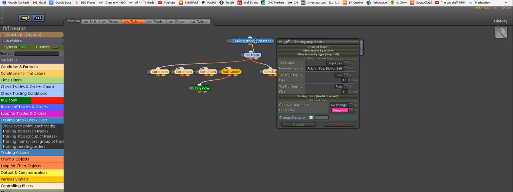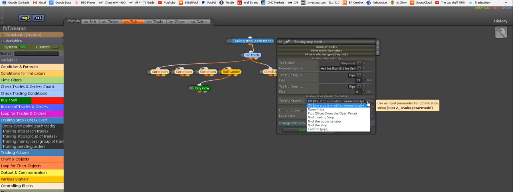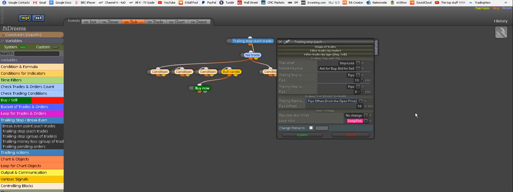Double click, and now we need to define our trailing stop distance, and I'd usually use 13 pips, exactly what it is in our stop loss, if you remember. Trailing step, 0, but tick this box to make it adjustable later. And this is important, trailing start, we choose pips offset from the open price.